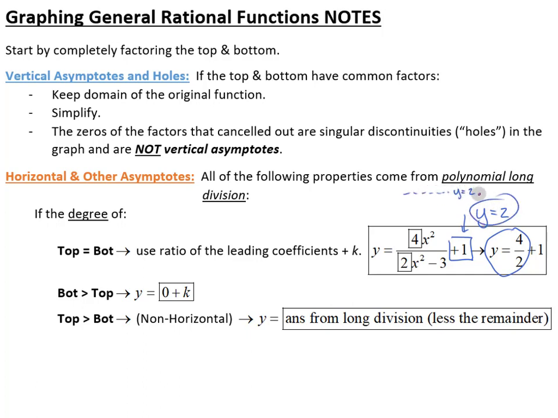It gets shifted up 1. So it ends up being at y equals 3 for this overall graph. Okay. If that plus 1 wasn't there, it would have been at y equals 2. But as you can tell, we finished calculating that. It would be at y equals 3. And we'd call that a horizontal asymptote if it's just y equals a constant. Okay, so we'll try some of those.